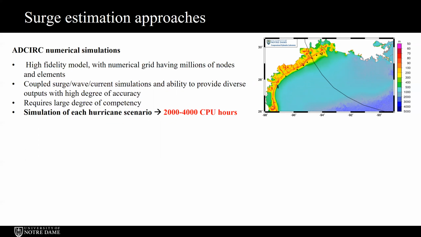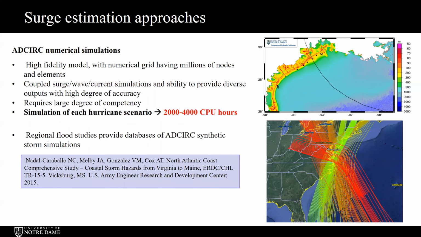There do exist, though, regional flood studies that provide a database of synthetic storm simulations. They have simulated a large number of synthetic storms, considering different tracks, as you can see here at the bottom right, and also different storm characteristics. So we can exploit them to create fast surrogate models to predict surge.